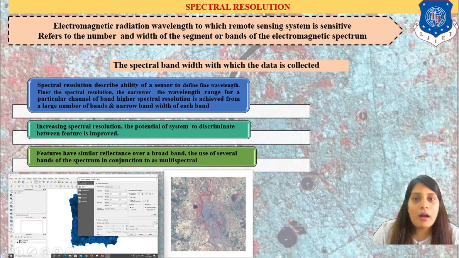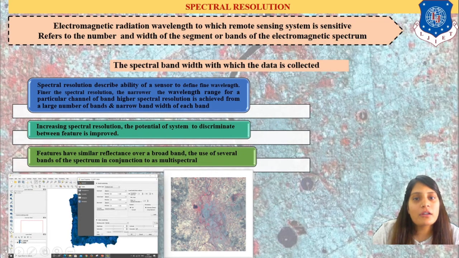So this is about spectral resolution, which is very sensitive in capturing data, because of the width of the segments or bands of the electromagnetic spectrum, the wavelengths of electromagnetic radiation. By increasing spectral resolution, the potential of the system to demarcate between features is improved.